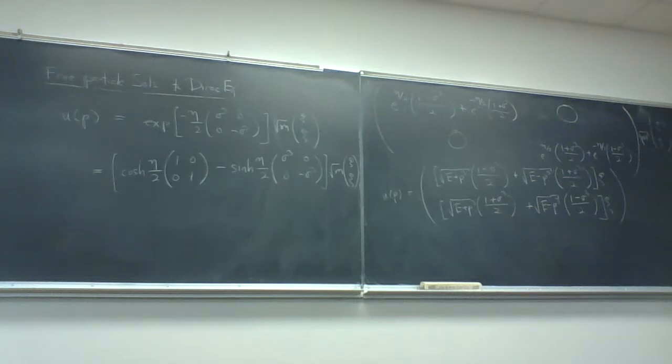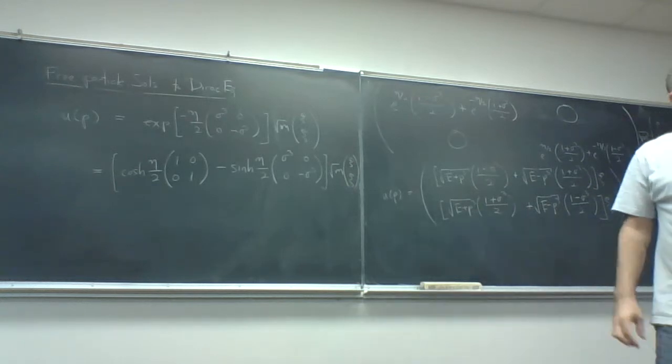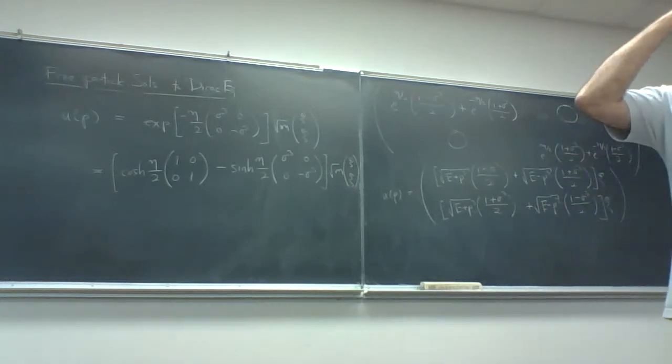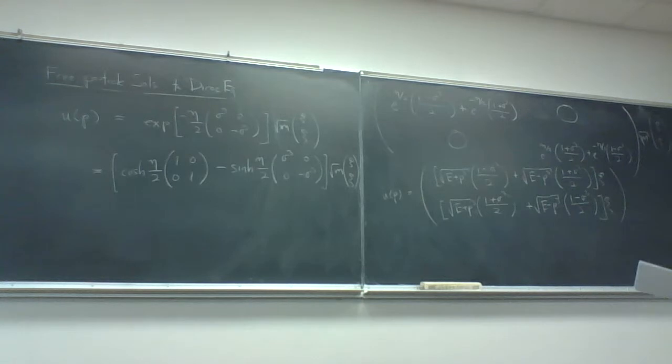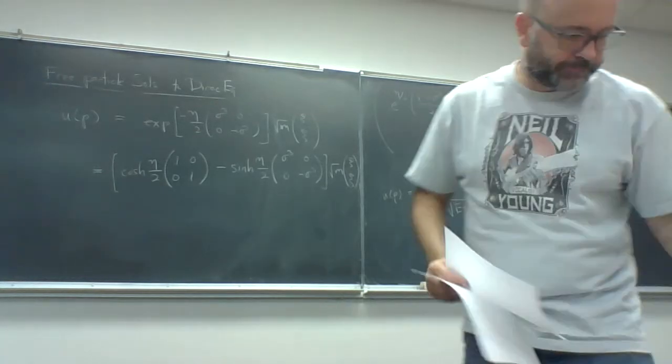Okay, so what did I do? When you boosted that M0, at first, you said we want to boost the 4 vector. Yes, we got a relation between E and P3 and M and eta.